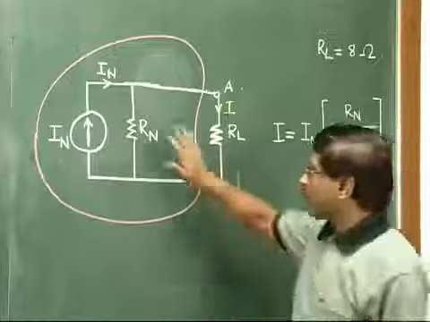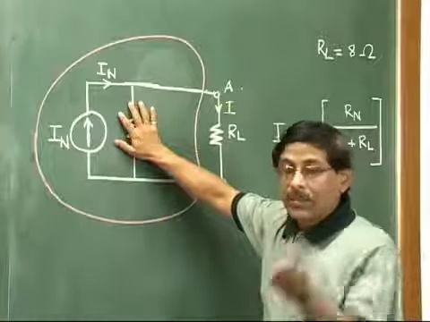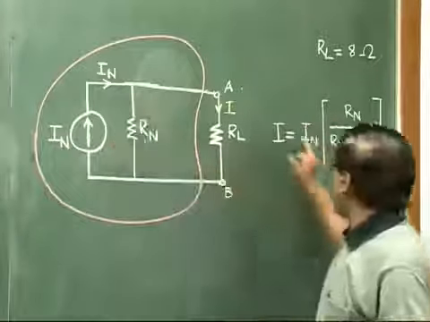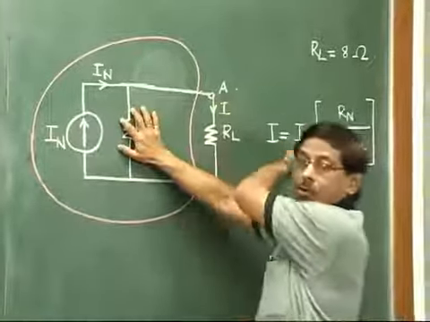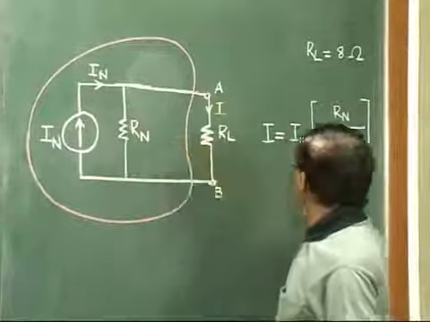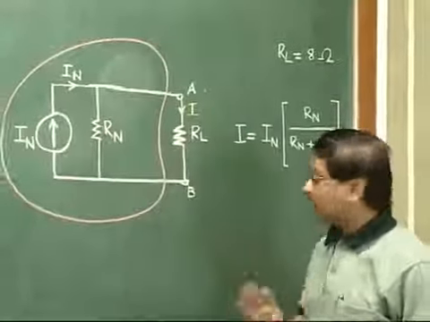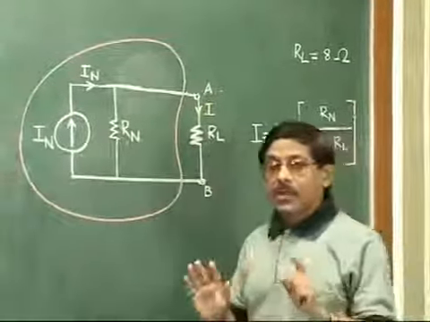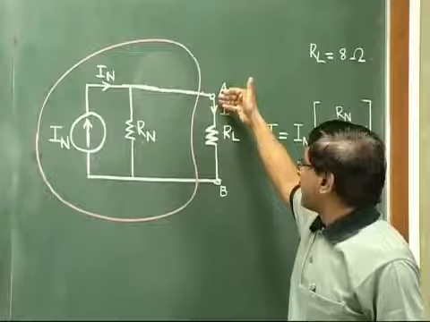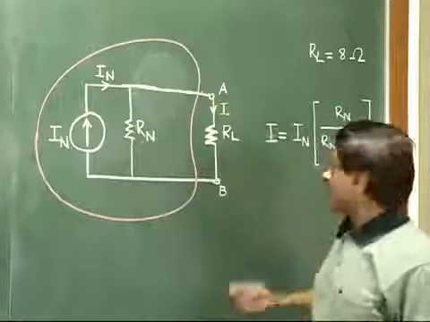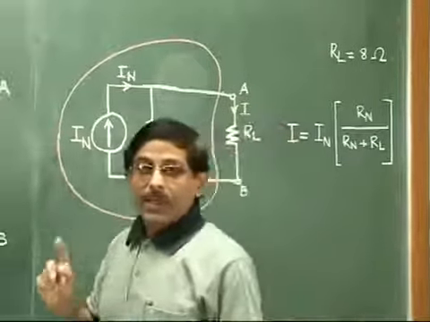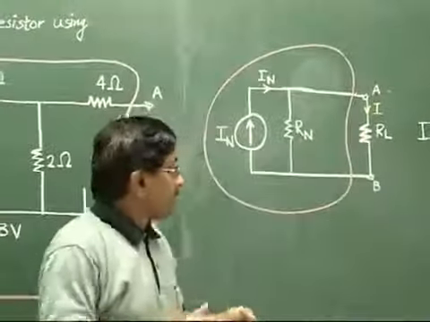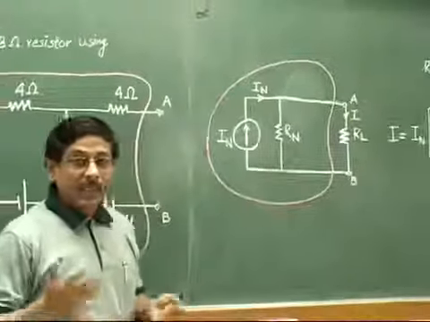If we want to calculate the current in this RN, then we have to make one change: IN will be the same, but now you take this RL in the numerator and then the sum of the 2 in the denominator. But here in the theorem we are just concerned with the current flowing through our load resistor. So this will be the formula that we will use finally. So this is the central idea of Norton's theorem.